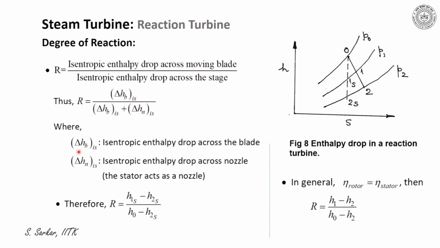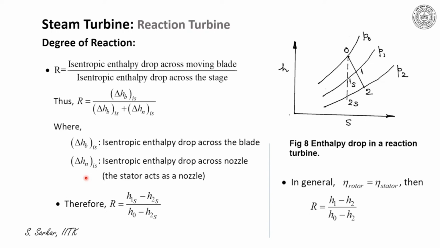Thus, ΔH_B isentropic represents the isentropic enthalpy drop across the blade, divided by ΔH_B isentropic plus ΔH_N isentropic. ΔH_N isentropic indicates the isentropic enthalpy drop across the stator or the nozzle. Here, the stator acts as a nozzle.